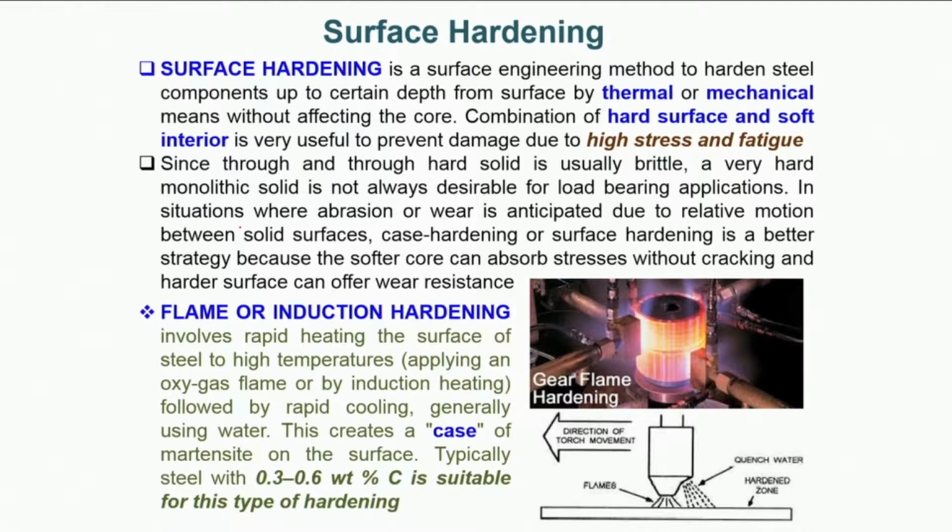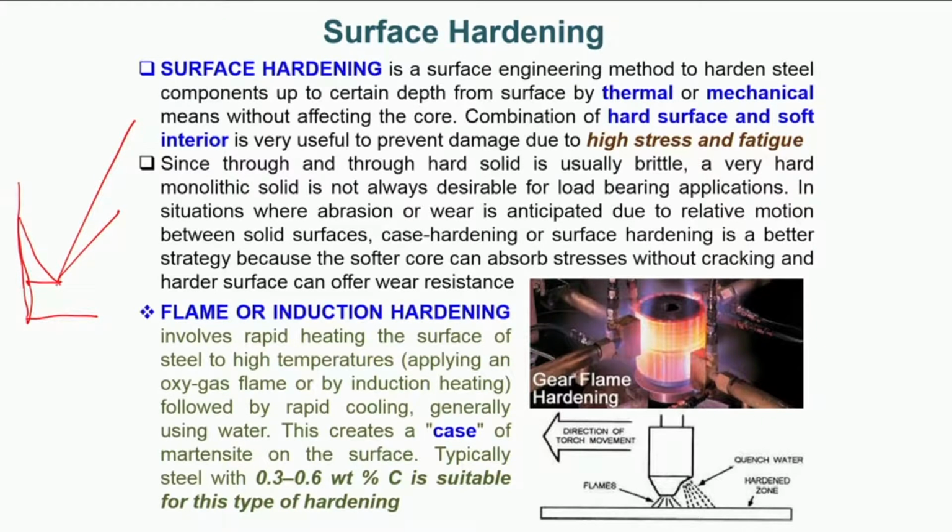So, in steel, we are all aware, if you look into the first view graph, consider the solid state part of the iron carbon diagram. This is the so called eutectoid portion.